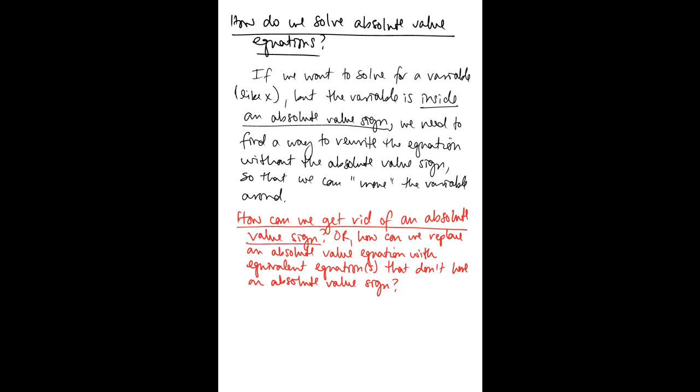Well, let's think about this. If we have the absolute value of A equals B for some algebraic expressions A and B, and of course where we must have B is greater than or equal to 0, because the answer to an absolute value equation must always be positive, so it wouldn't make any sense to have B be anything that's negative.